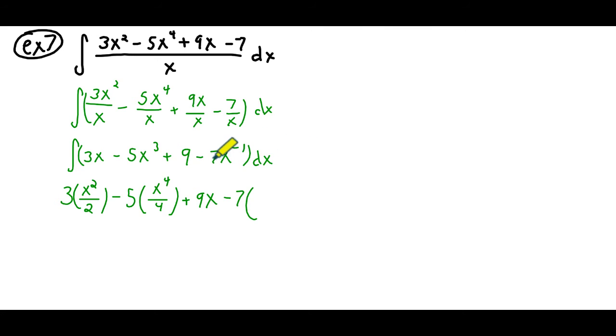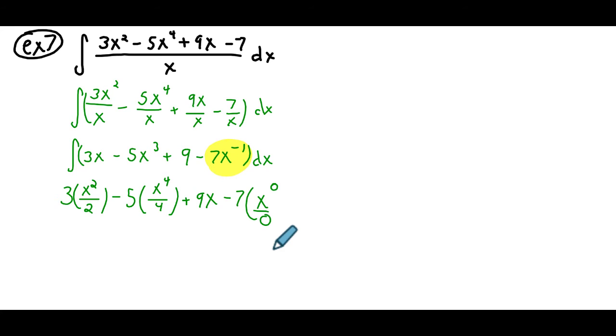Let me highlight this. So we have this x to the negative 1. And if I follow my power rule for this, I would end up with x to the, if I take -1 plus 1, that gives me x to the 0 over 0. But that gives me a problem. I can't divide by 0. We can't do this x over 0.